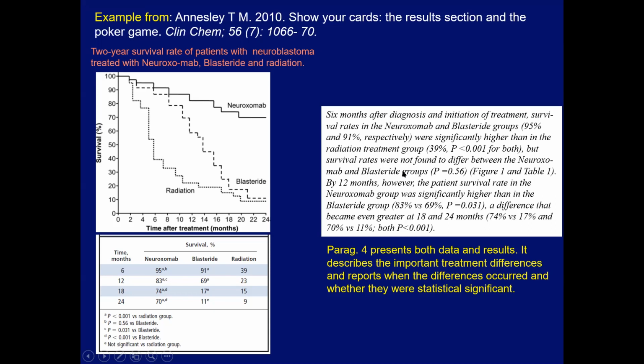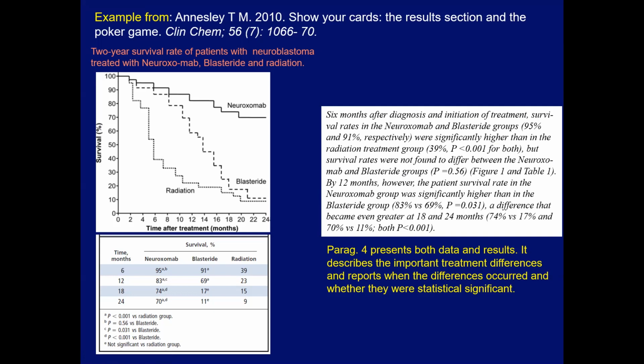But the survival rate was not found to differ between the neuroxumab group and the plastide group, and he showed the figure and table. By 12 months, however, the patient survival rate in the neuroxumab group was significantly higher than in the plastide group. He gives the numbers, and then a difference that becomes even greater at 18 and 24 months, and gives the numbers and the level of significance.